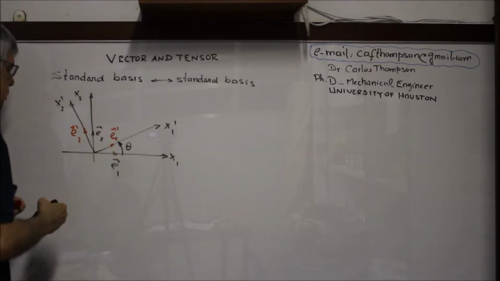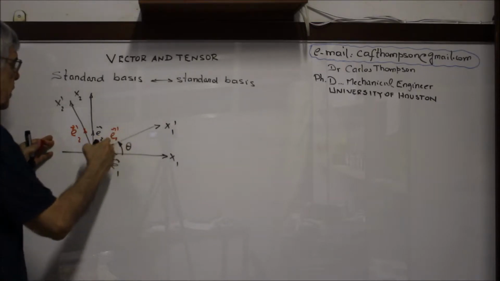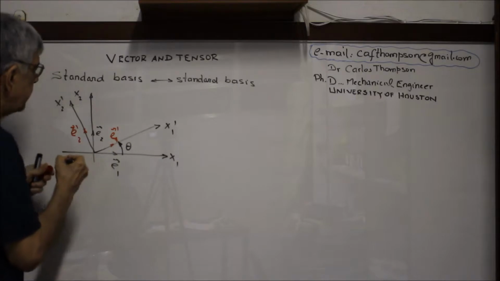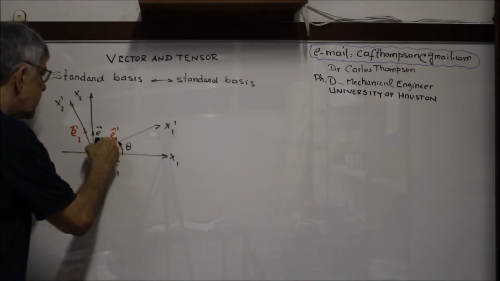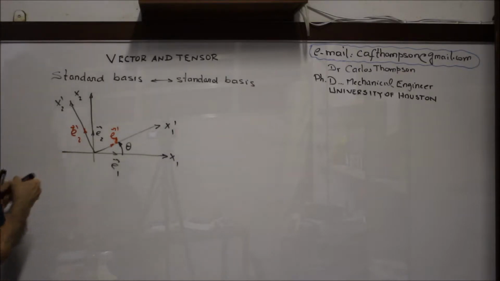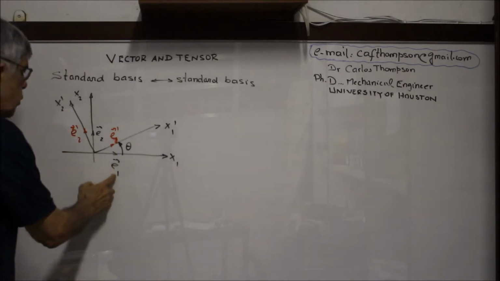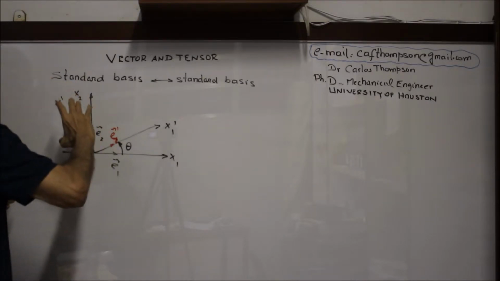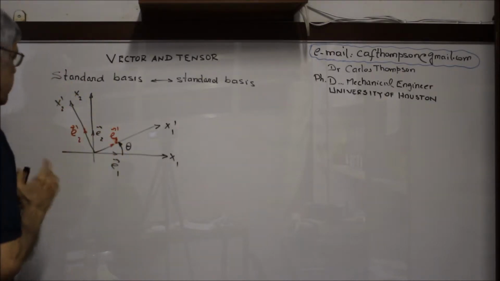Let's say this basis E1 prime and E2 prime. Okay, that's better here. Now E1 and E2, let's fix on this basis E1, E2.